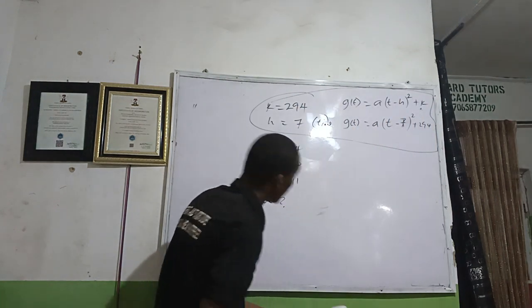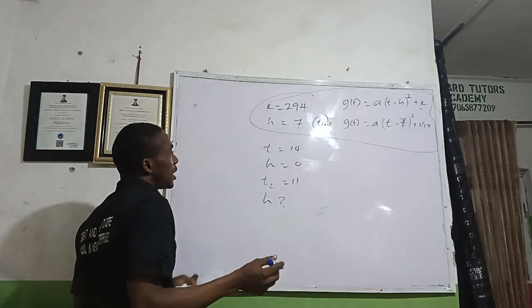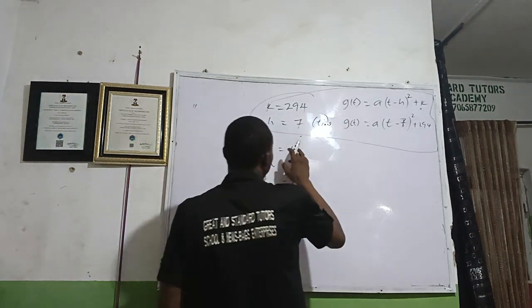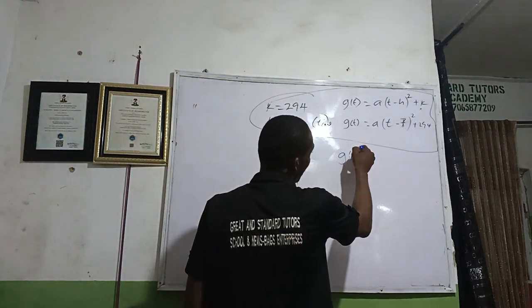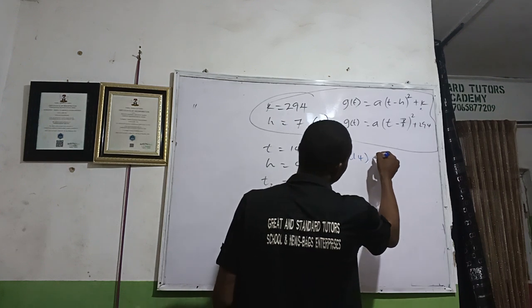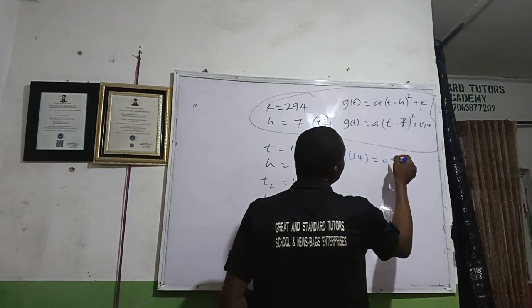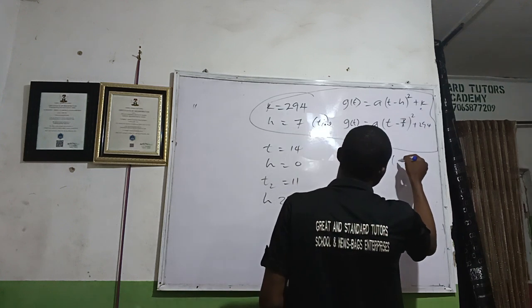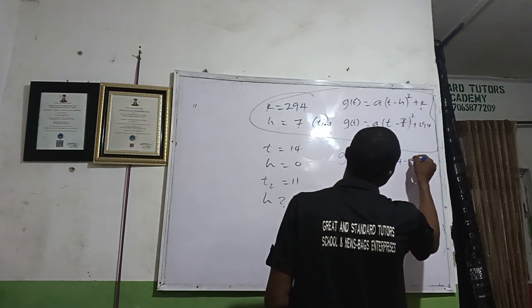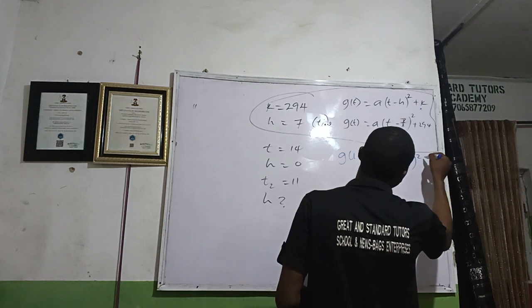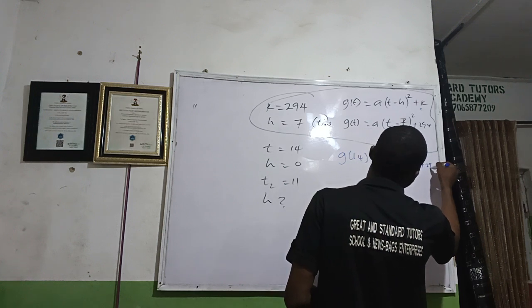Now can we continue solving? When t is 14, we have g of 14, which will be 0 here. We have a into (14 minus 7) all squared plus 294.